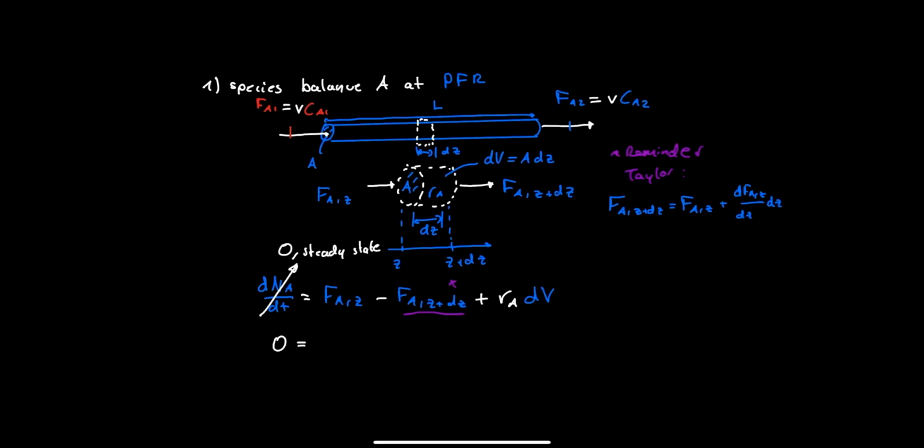So 0 is going to be equal to Fa at z minus, and we insert the Taylor expansion, Fa at z plus the change of Fa with respect to z times dz, plus the reaction rate of the species A. And instead of writing dV, we are going to use this expression, so A times dz. So this would be dV.